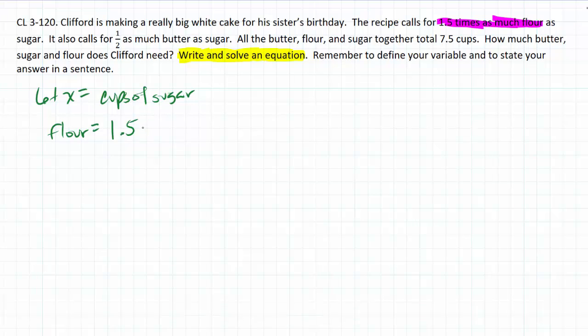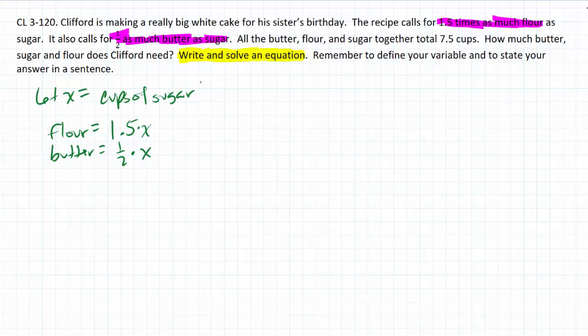Instead of writing sugar, we represent it with x, so 1.5 times x. We also know that it only needs half as much butter as sugar. So how do I represent half as much? We just write 1/2 times x. So we have the sugar, flour, and butter.